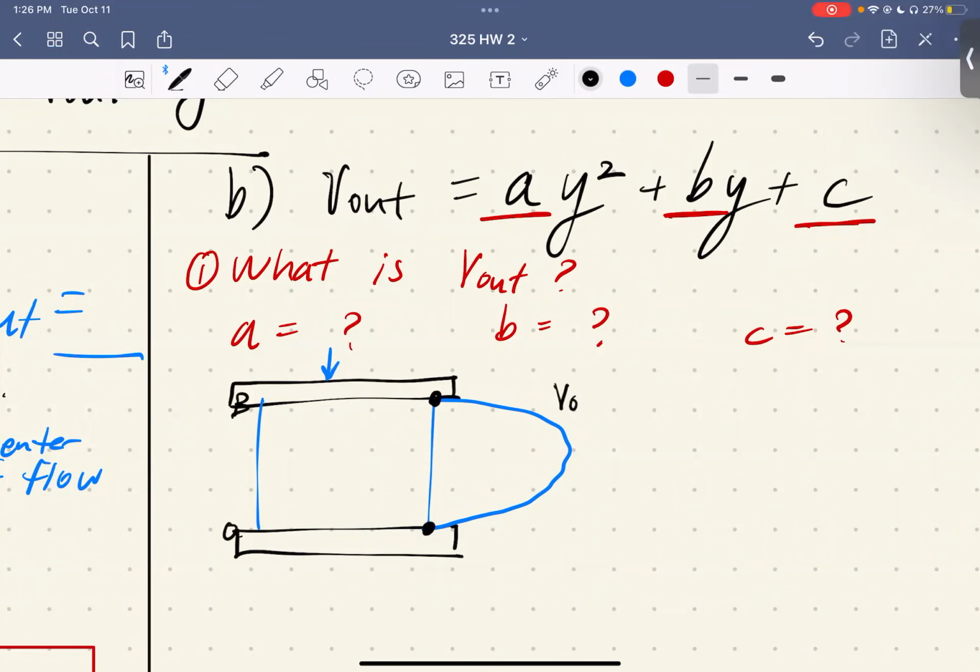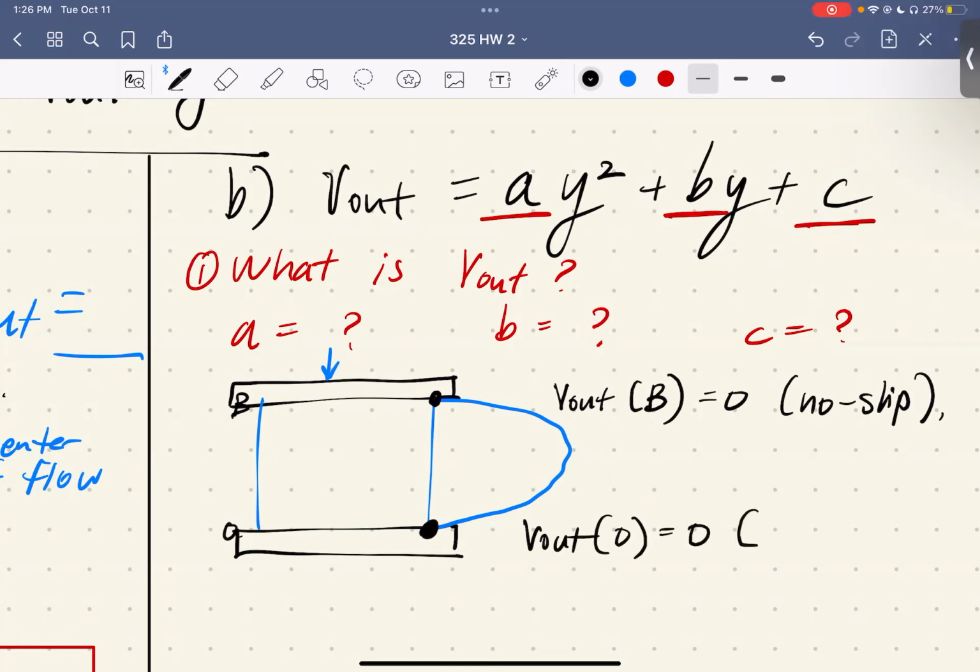So at a height of B, the v out at B is going to be 0 by the no slip condition, right? We know that. We also know v out at position 0 right here is going to also be 0 by the no slip condition, right?